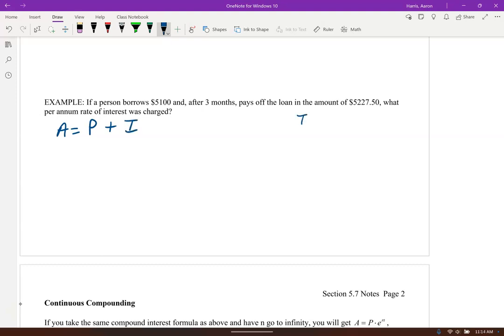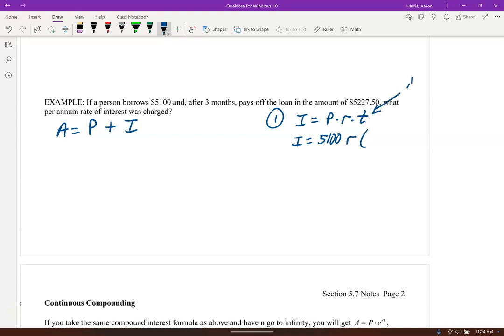And remember, interest is the principal times the rate times the time. We don't know the interest rate yet, but we do know that they had a $5,100 principal times our time.